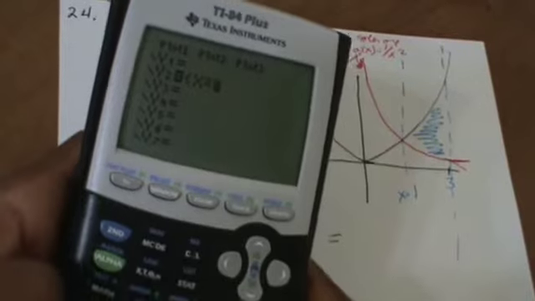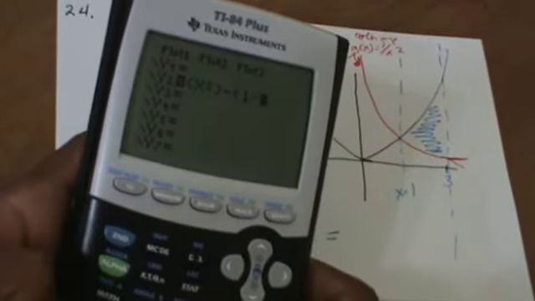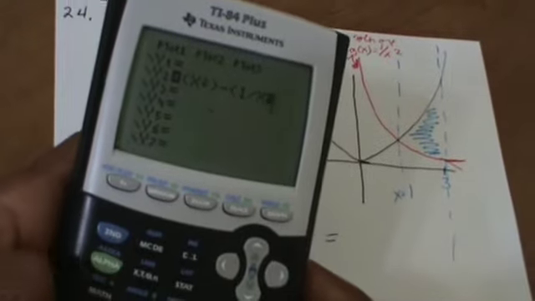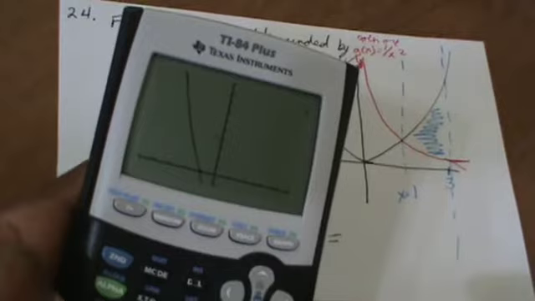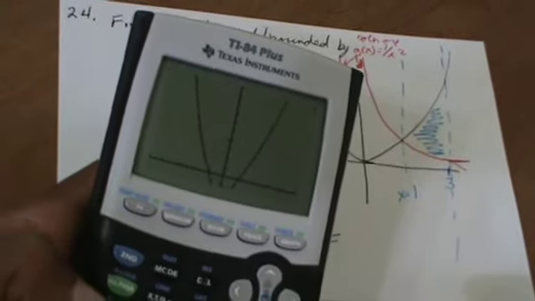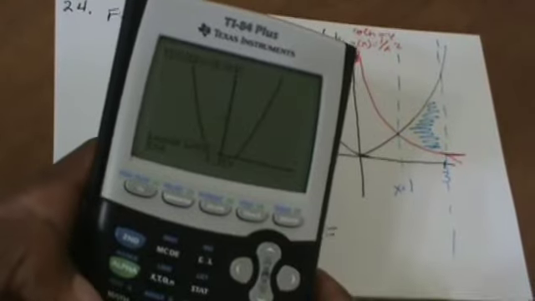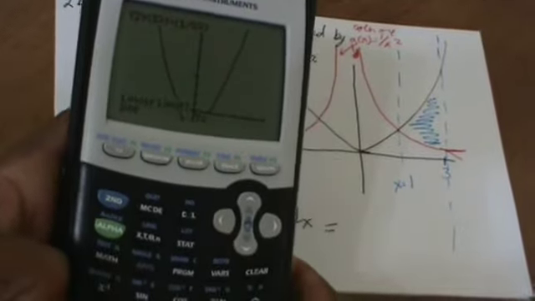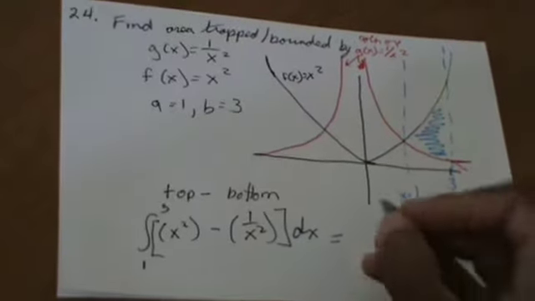X squared minus 1 divided by x squared. Graph that. Okay, definitely doesn't look like what we have. Second calc, number 7. Lower limit is 1, upper limit is 3. There we go, 8 units of area.